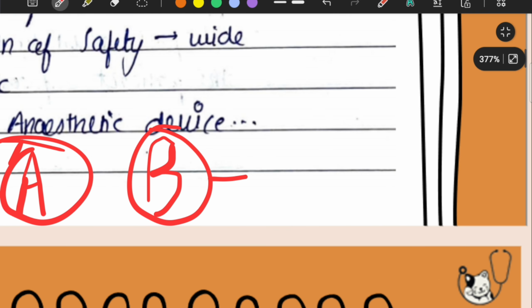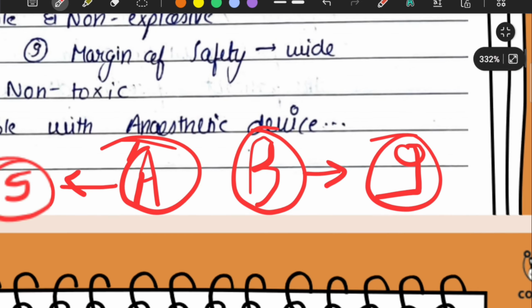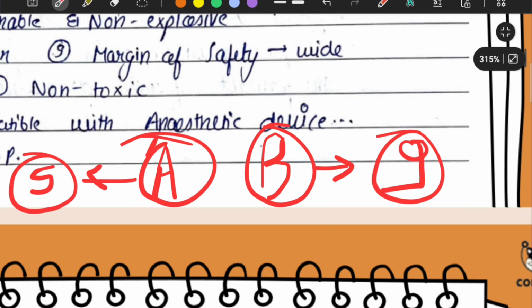And anesthetic B fulfills, let's say, 9 of the 13 mentioned above. So which gaseous anesthetic will you prefer to give to the animal?